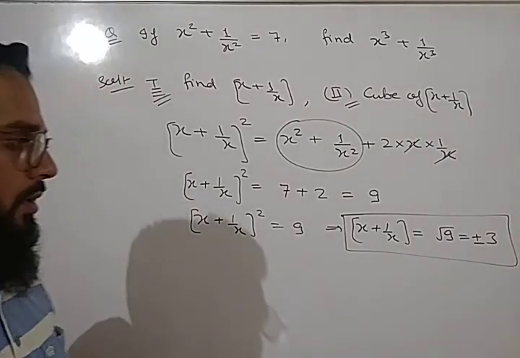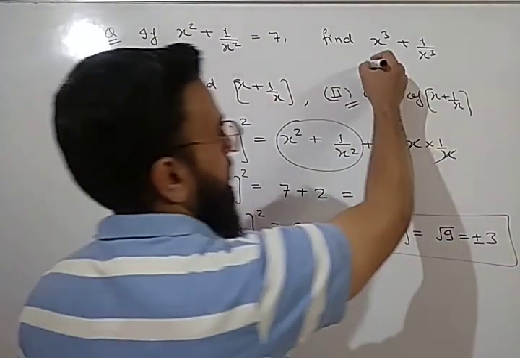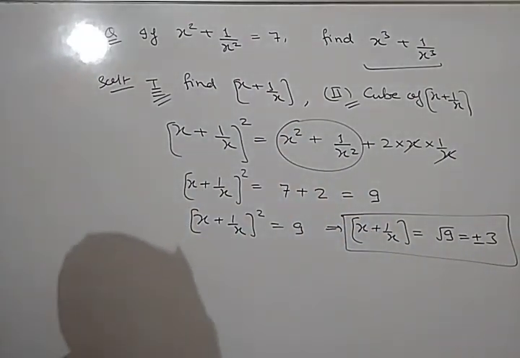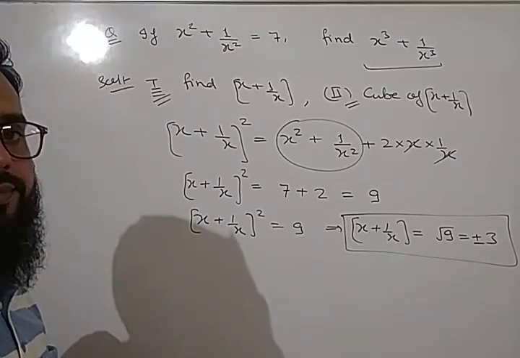Okay. Now you have found the value of x + 1/x. Now you can find x cube + 1/x cube by cubing this term. So put the value and get the answer.